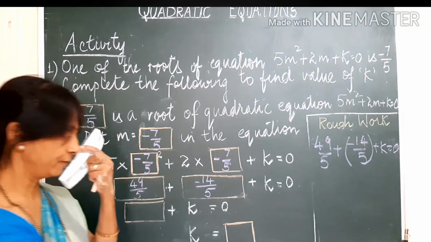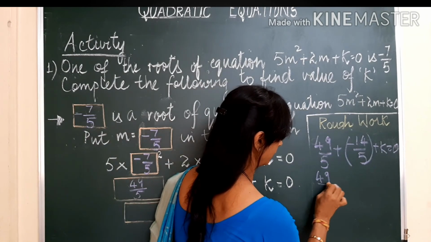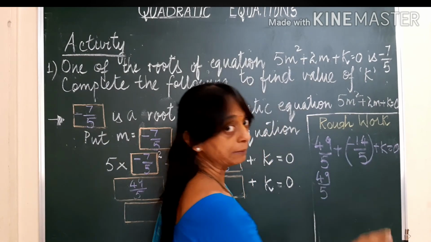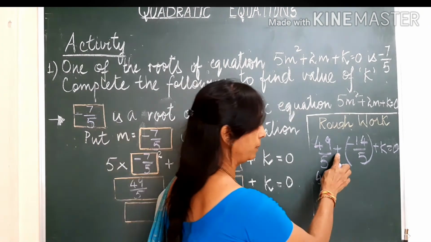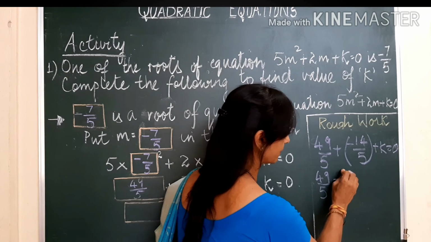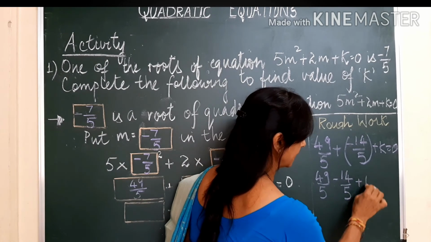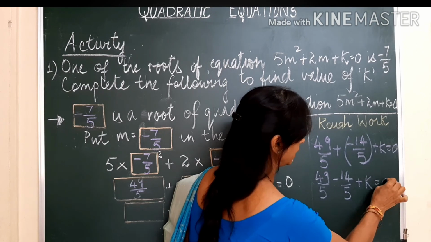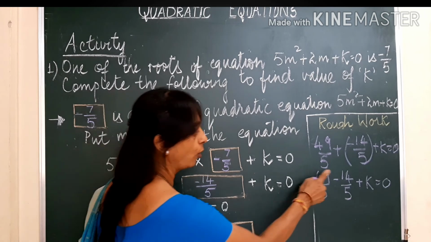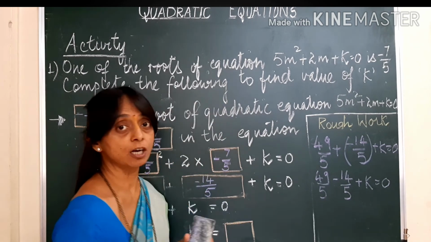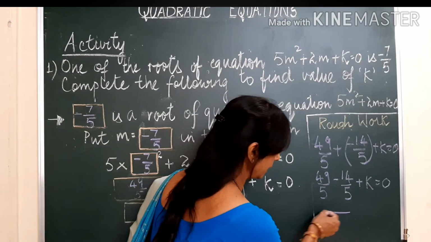Let's solve the first two and find out the answer. So 49 upon 5, bracket means which operation, children? It is multiplication. So plus into minus gives you minus 14 upon 5 plus k, which is equal to 0. Let's solve the first and the second term. Both are having the same denominator 5. So it goes under the same denominator 5.